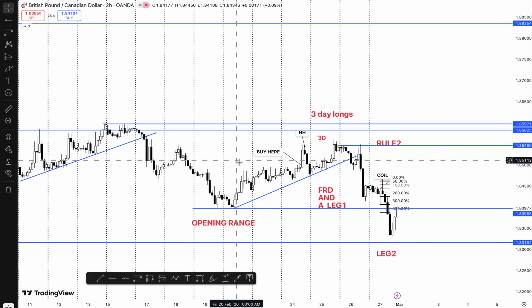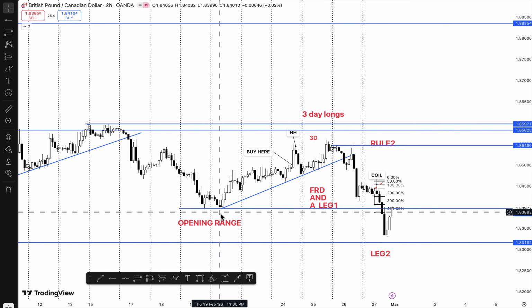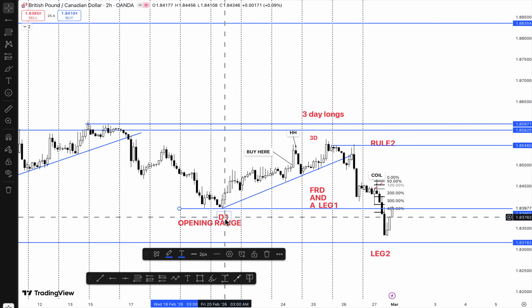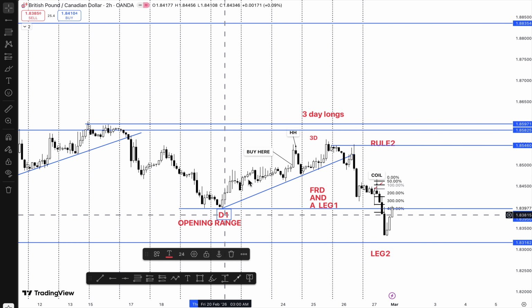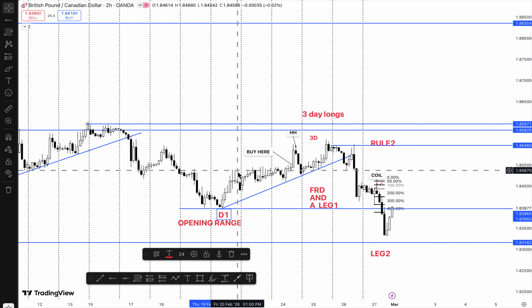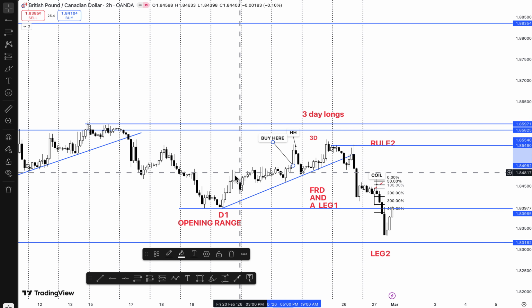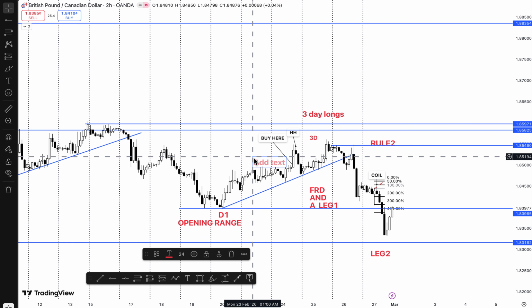Now we start from here, which gives me a day 1. This is an inside day. They broke out. So this breakout here of the previous day's high gives me a day 2.